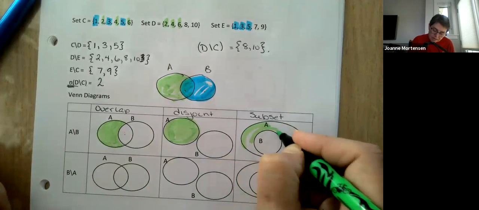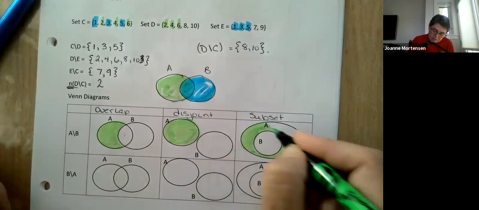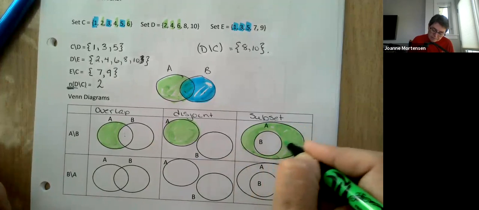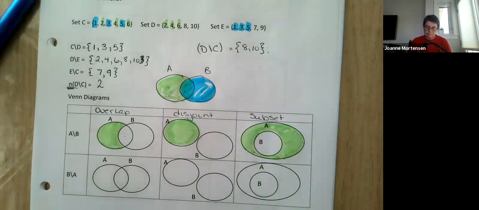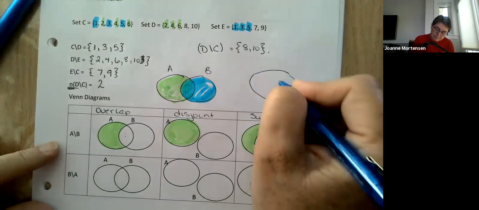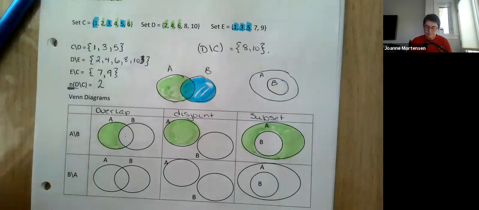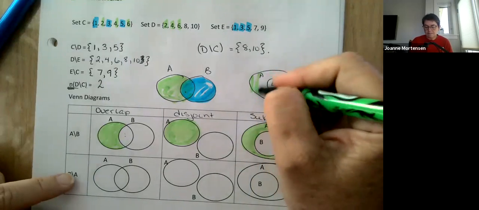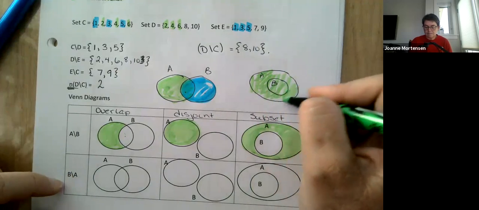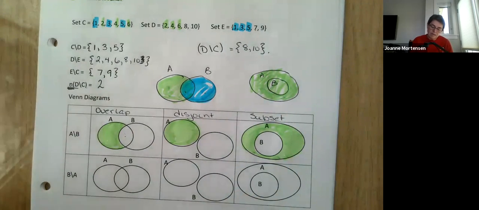But we're not going to include B. So if I do it with my color, I color in all of A. And I make B blue.